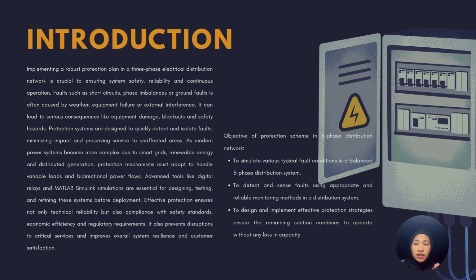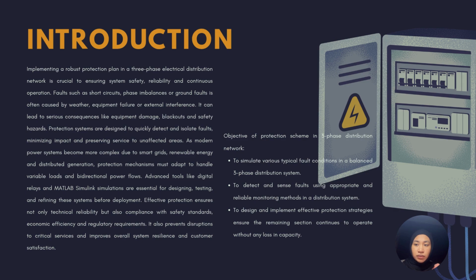Faults such as short circuits, phase imbalance, and ground faults are often caused by weather, equipment failure, or external interference. They can lead to serious consequences like equipment damage, blackout, and safety hazards. Protection systems are designed to quickly detect and isolate faults, minimizing impact and preserving service to unaffected areas.